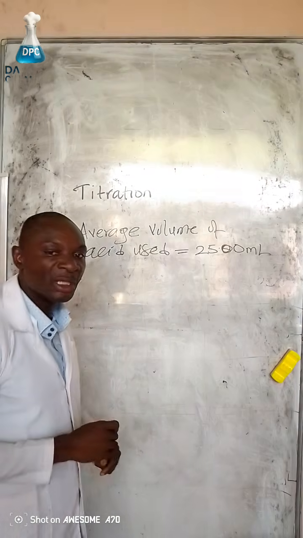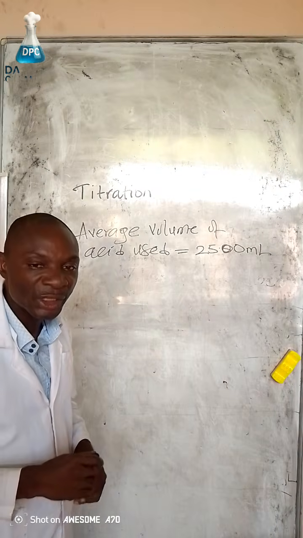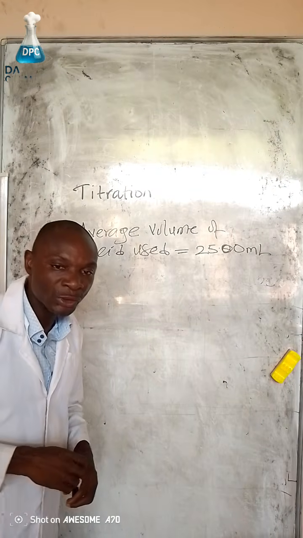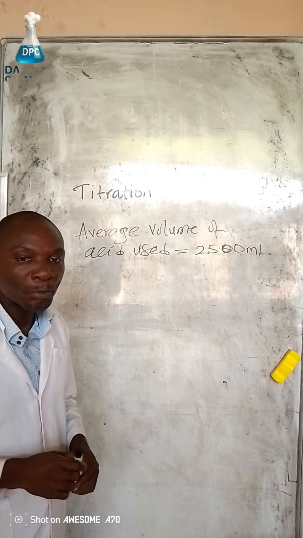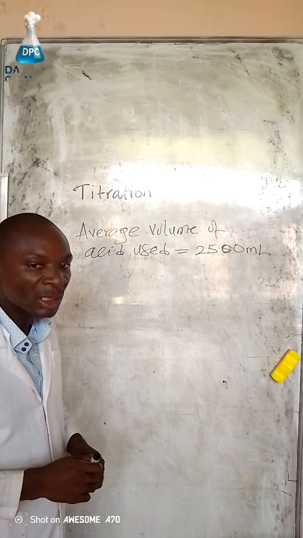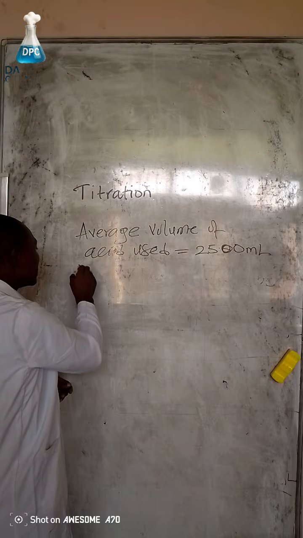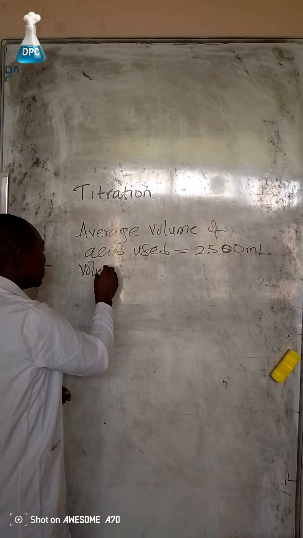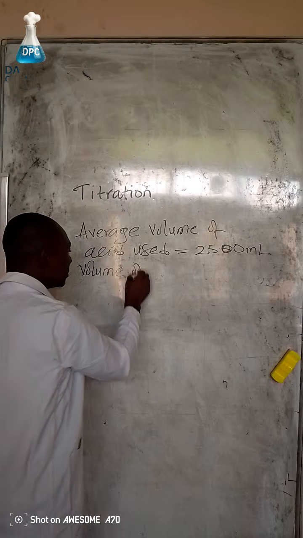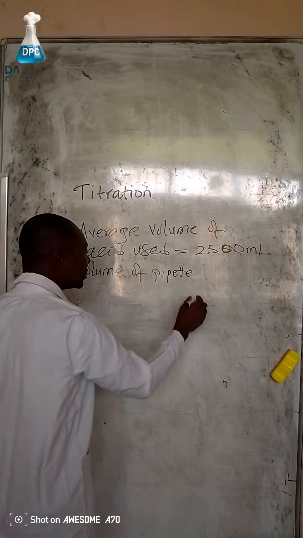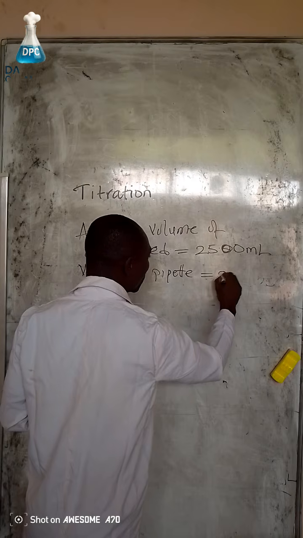Now also, the pipette was used to measure the volume of the other solution, that is solution B, which is the base. So the volume of the pipette equals 25 ml.